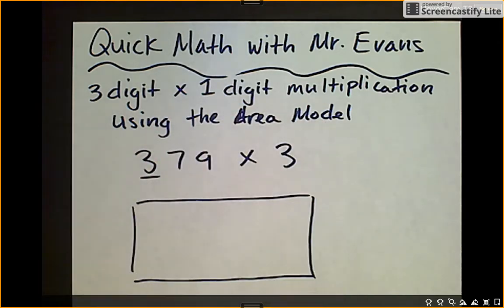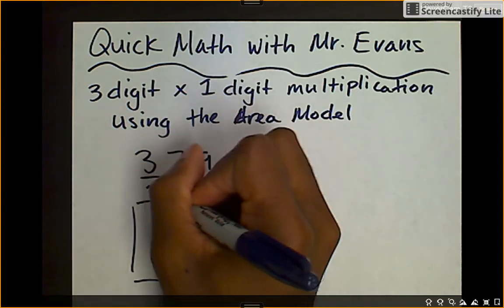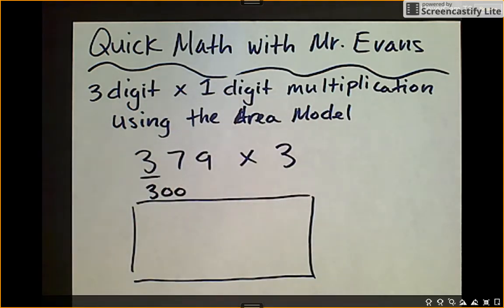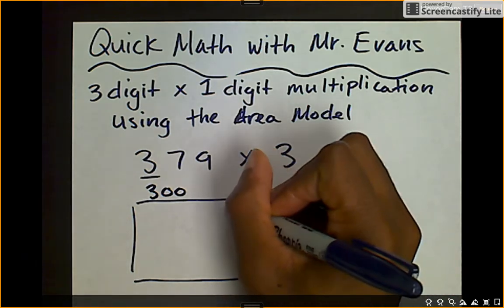Right there, if we look at that digit 3, we know that it's in the hundreds place. So therefore, we know it has a value of 300. So our job now is to draw a line in this area of this rectangle that we would believe to be the equivalent of space of 300, which we then will multiply by 3 here.